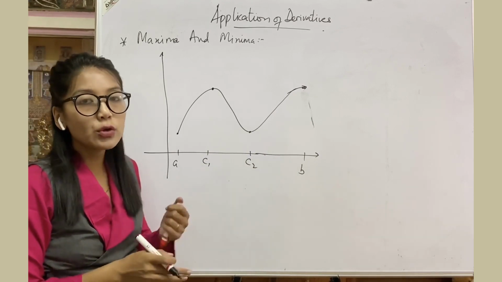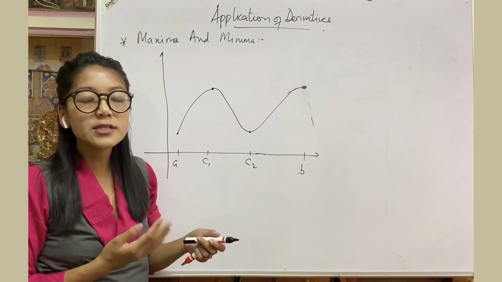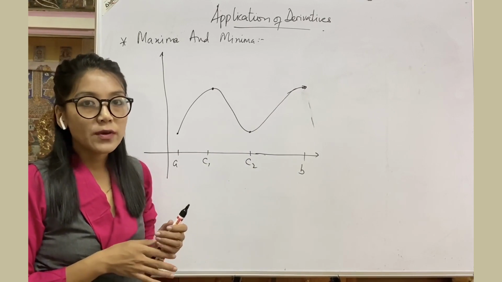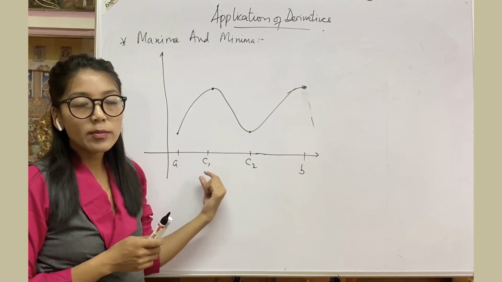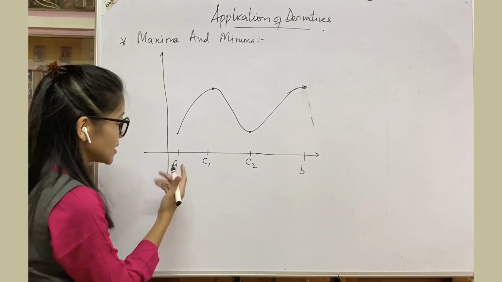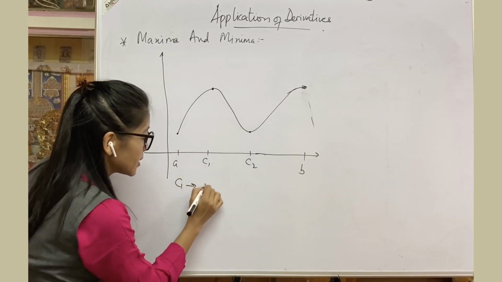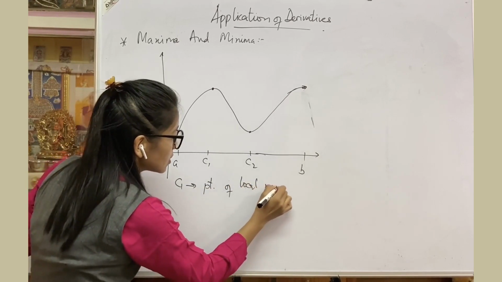Now you know that a function can have more than one local maximum and local minimum value. Just for explanation, I am taking only one local maximum and one local minimum value of the function.